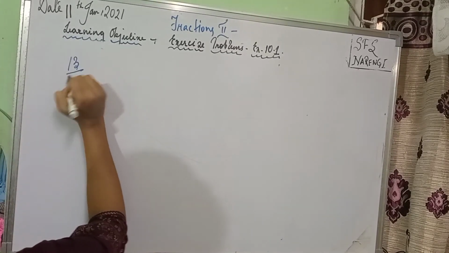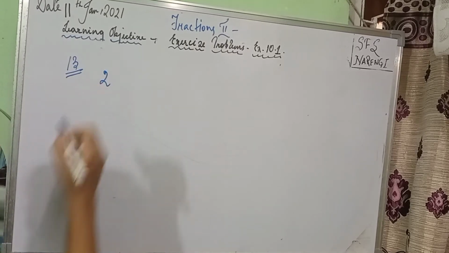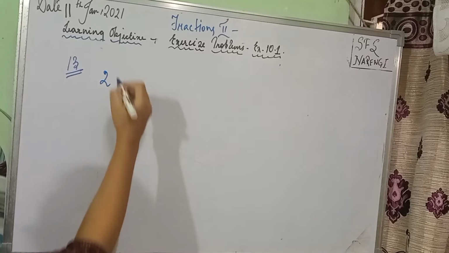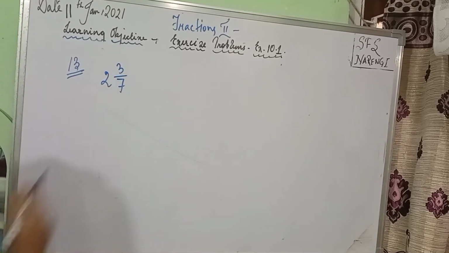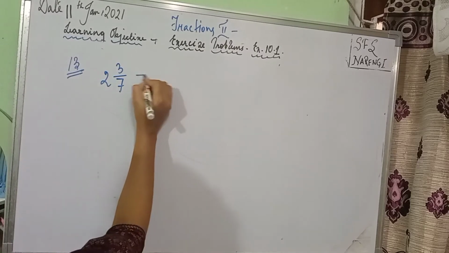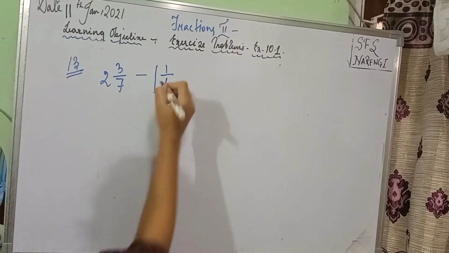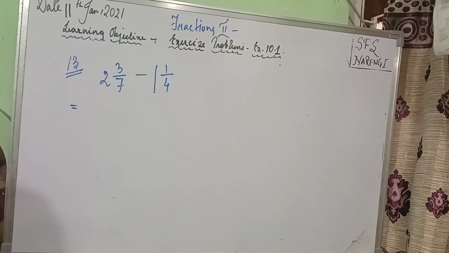In question number 13, you have 2 3 by 7 minus 1 1 by 4. What is the first step to be done, children?